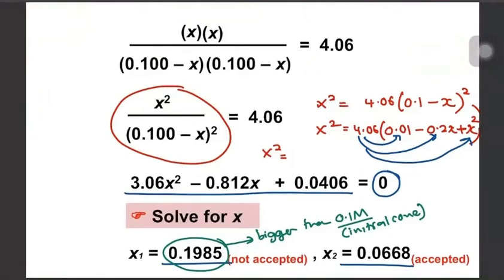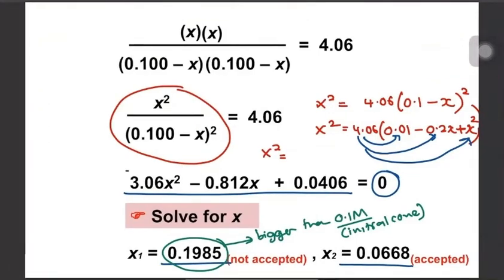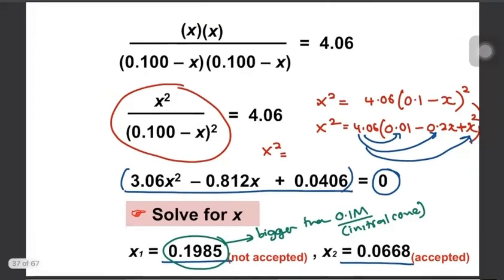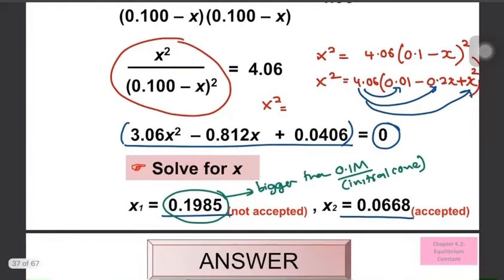Okay, so when you do your math, I think it shouldn't be a problem for you also. When you put in all these values in your calculator and you get x1 and x2 values, you realize there are 2 positive values. And of these 2 positive values, you have to choose only one. You see the first one is not accepted. Why is it not accepted? The answer is already in front of you also. Because it is bigger than 0.1 molar.